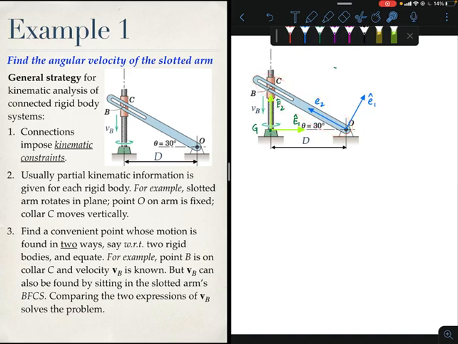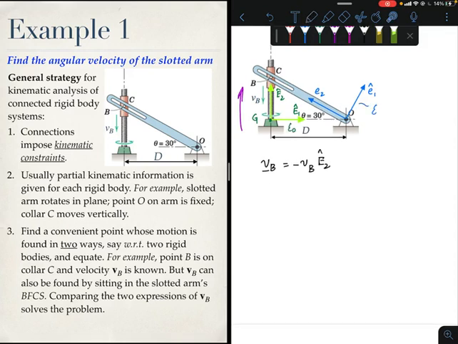So we should look at how the slotted arm connects to the collar, which we know, and it connects to the point B, the pin B. So the pin B is a convenient point to investigate. So we already know that coming from this direction, the velocity of B is VB in the minus E2 direction. Okay, so this is one way to write the velocity of B.